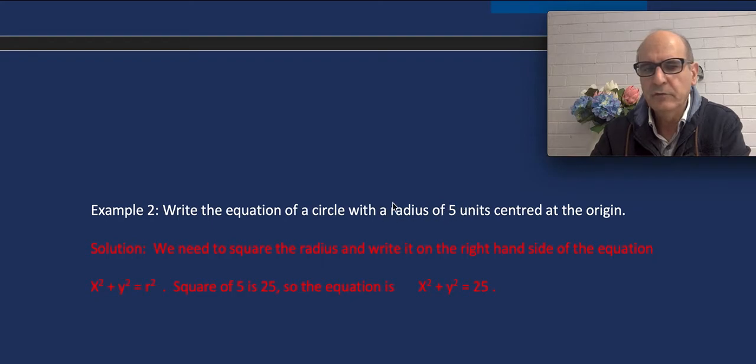We already know that the equation should be in this form: x squared plus y squared equal to r squared. The only thing we need is r squared, which means radius squared. Radius is 5, so we square 5 to get 25. Then our answer is x squared plus y squared is equal to 25.